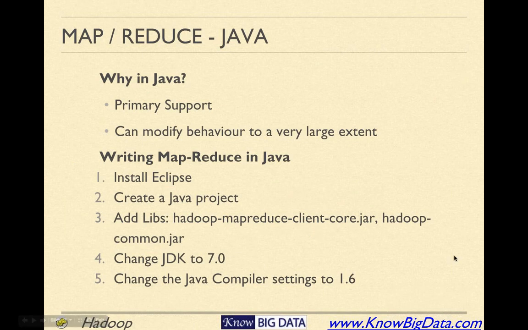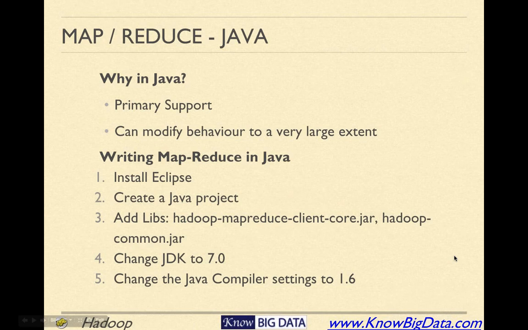Now, next point is MapReduce in Java. So far we have discussed MapReduce only with respect to MapReduce in streaming, but why do we need to do it in Java? First, the whole ecosystem of Hadoop has been written in Java, so it's a sort of primary support.